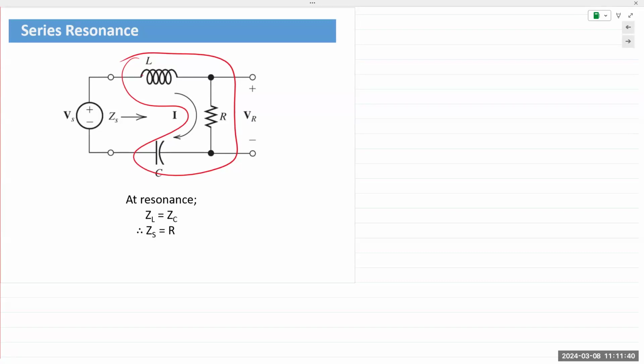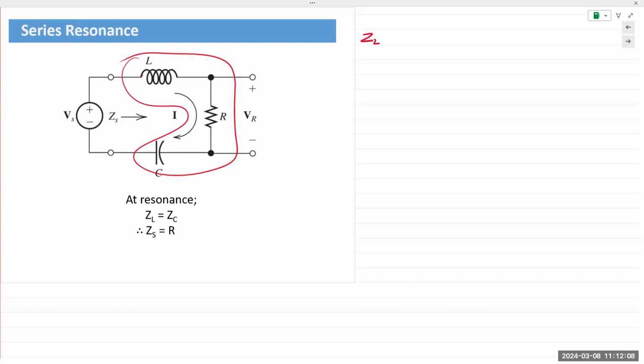Remember, these are energy storage devices, so the energy transfer takes place over a finite period of time. At one particular frequency, the impedance of the inductor and the impedance of the capacitor are exactly equal in magnitude, but opposite in phase. And so they cancel each other out.